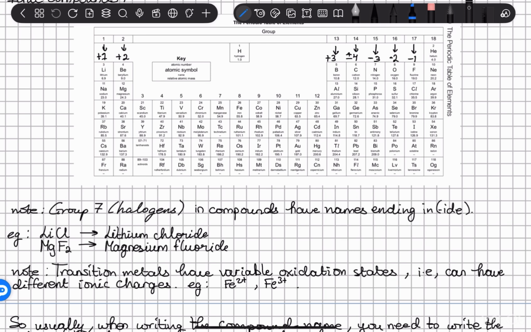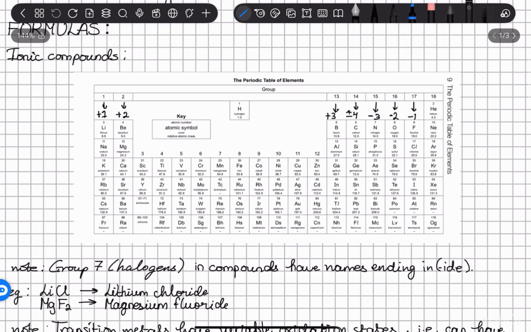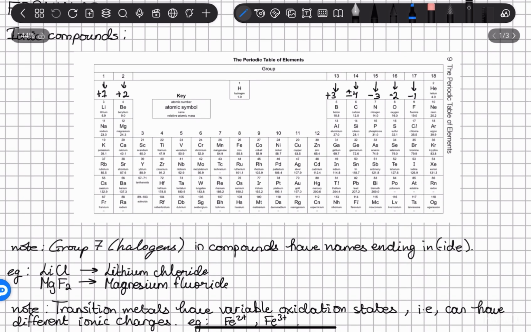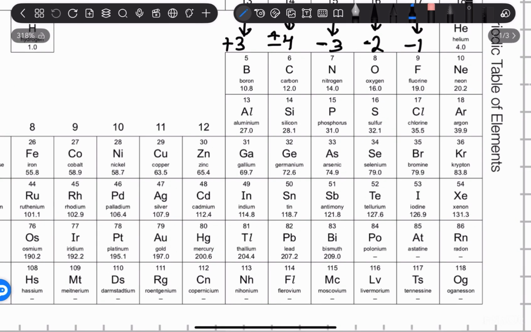However, in A levels, what we have are ionic compounds. You see in IGCSE, it's strictly metal, non-metal, but you do have certain compounds that are metal, non-metal, and they are not ionic. For example, we can have aluminium chloride, and this is not ionic.